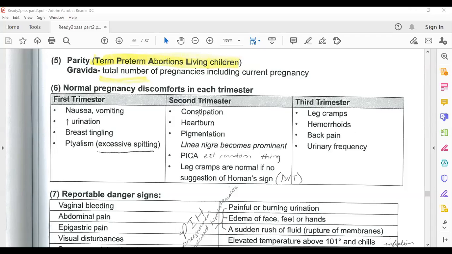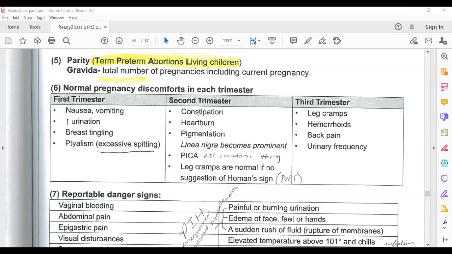If the nausea and vomiting continue in the second or third trimester, or excessive nausea and vomiting last more than 12 weeks gestation, this is not good. That one is called hyperemesis gravidarum, right?